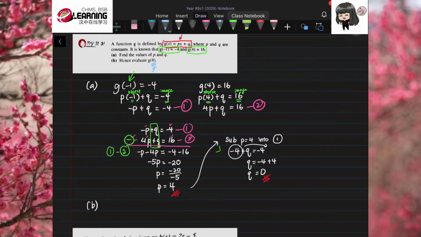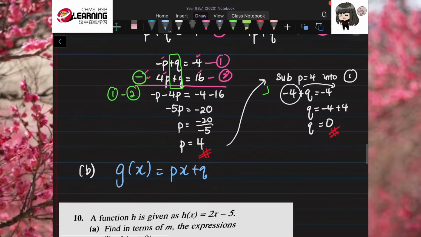Since we already found our p and q, our function g of x is px plus q. So our p is 4, which gives 4x plus q, which is 0. So basically plus 0 I don't need to write, because it will still be nothing.